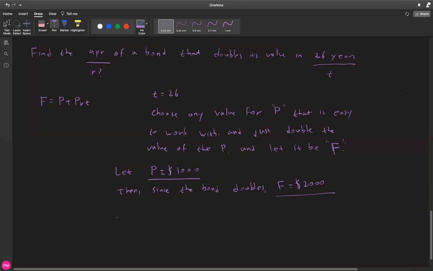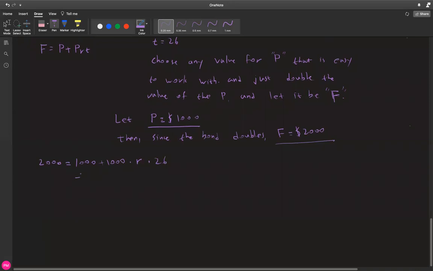Then we can actually use the same trick that we used last time. We're plugging in everything we know. So 2,000 equals 1,000 plus 1,000 multiplied by R multiplied by 26. Simply by subtracting 1,000 on each side, we end up with 1,000 equals 1,000 multiplied by R multiplied by 26.